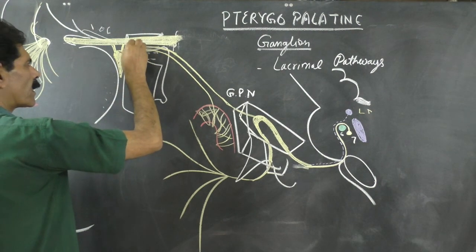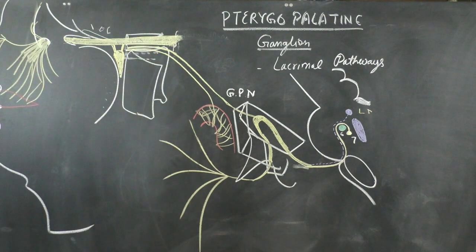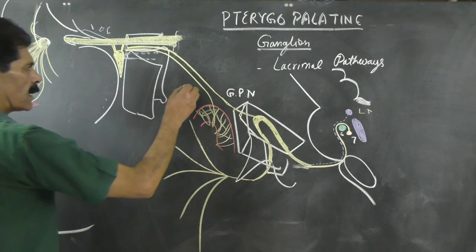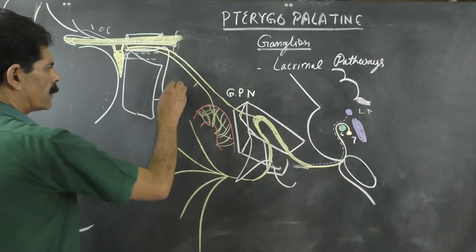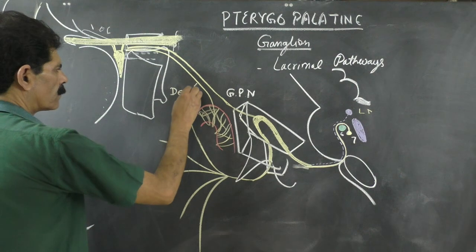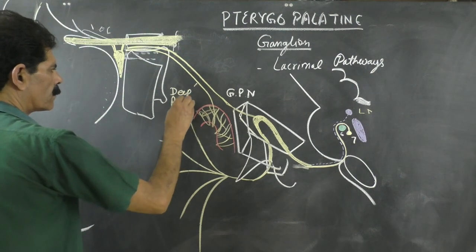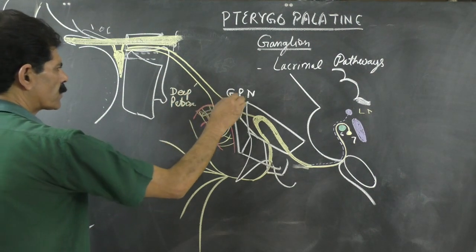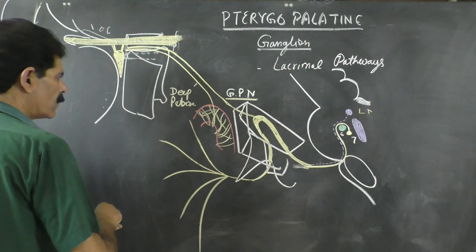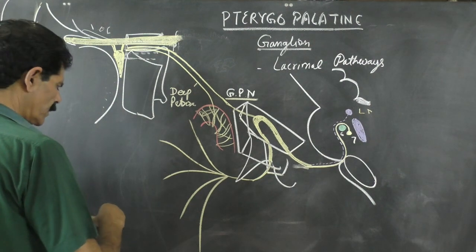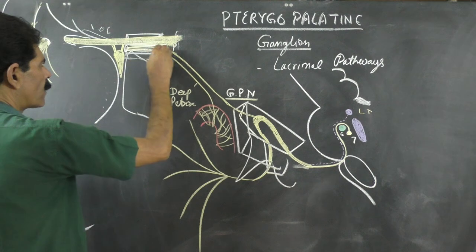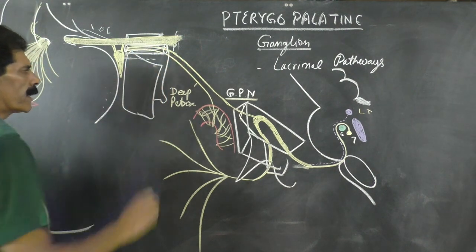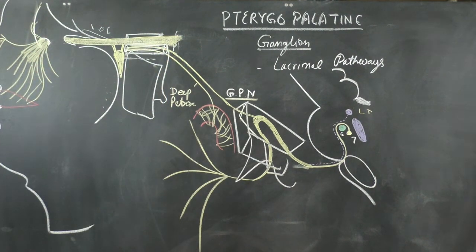So both nerves are the nerve of the pterygoid canal. This sympathetic branch is called the deep petrosal nerve. So greater petrosal nerve and the deep petrosal nerve both are the contents of the pterygoid canal, which is situated in the upper part of the lateral pterygoid and medial pterygoid plate of the sphenoid bone.